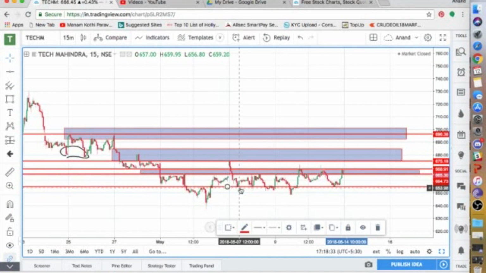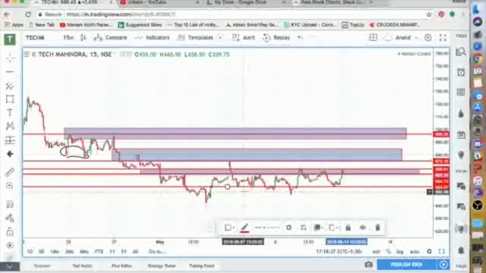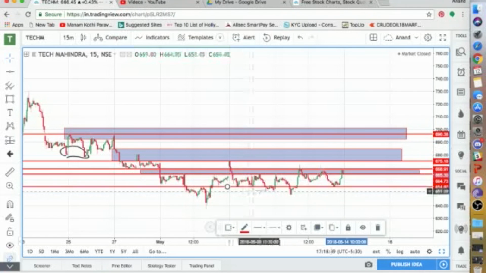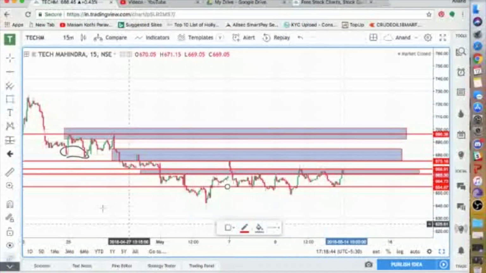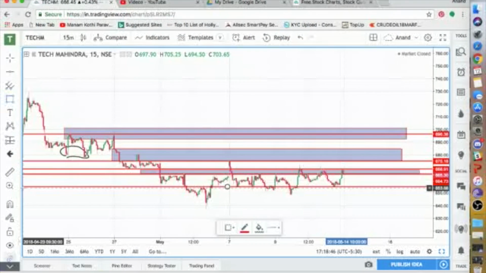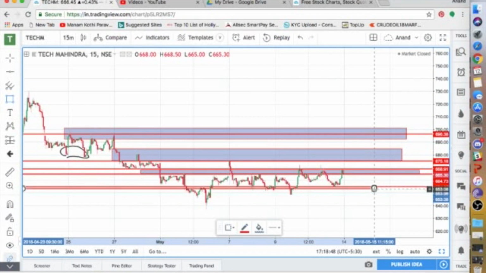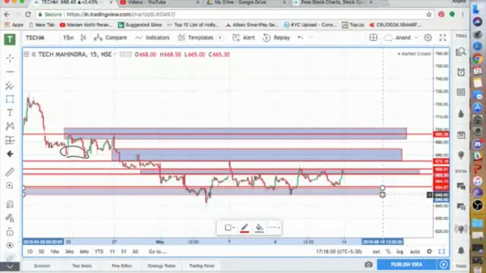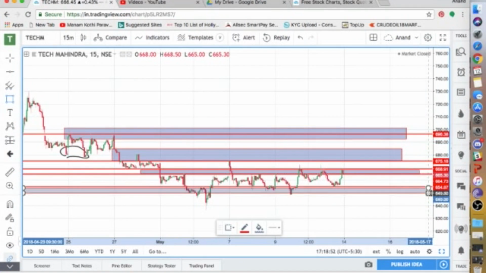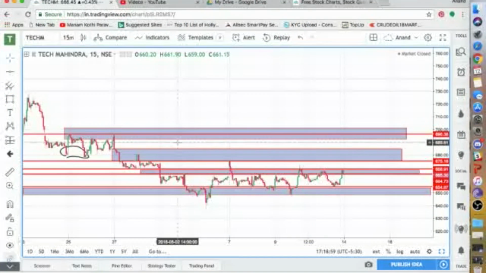In fact, 654 to 651 we can see quite a bit of support coming in this area. So when the stock is coming near to this, there is a very good opportunity for the stock to reverse.